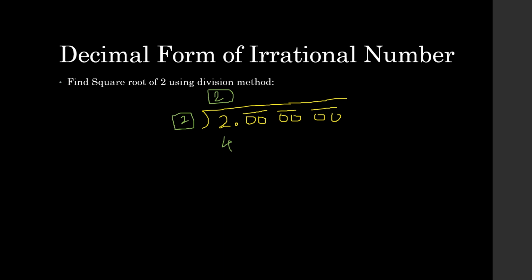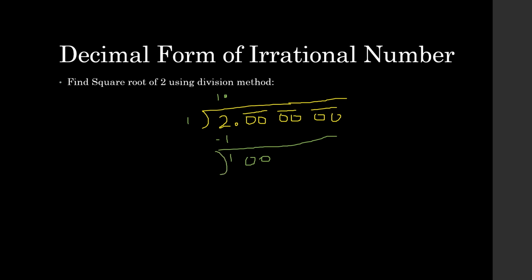So we will use 1 here because it is the smallest number we can use. 1 one is 1, and now you can easily subtract it. 2 minus 1 gives 1, and these two zeros will come as it is, and we'll put a decimal point here. Now we have to divide 100.